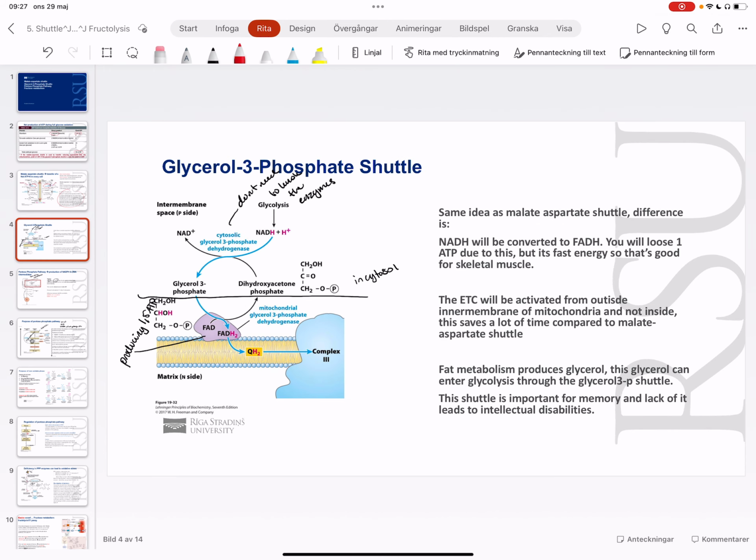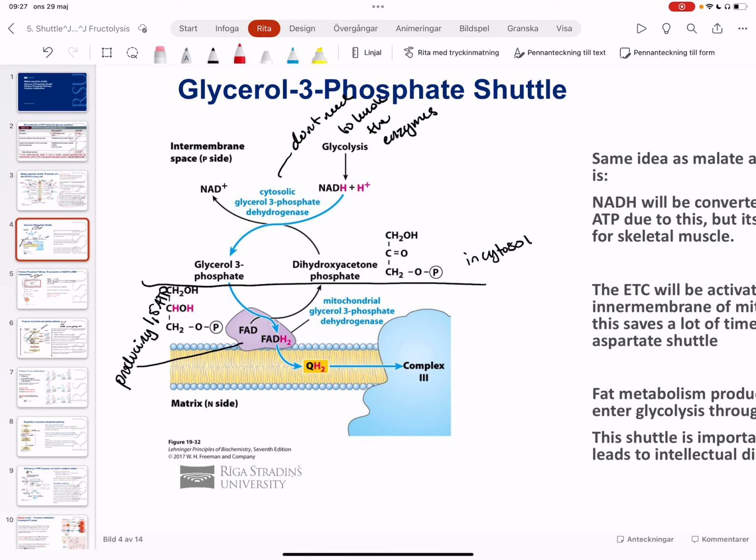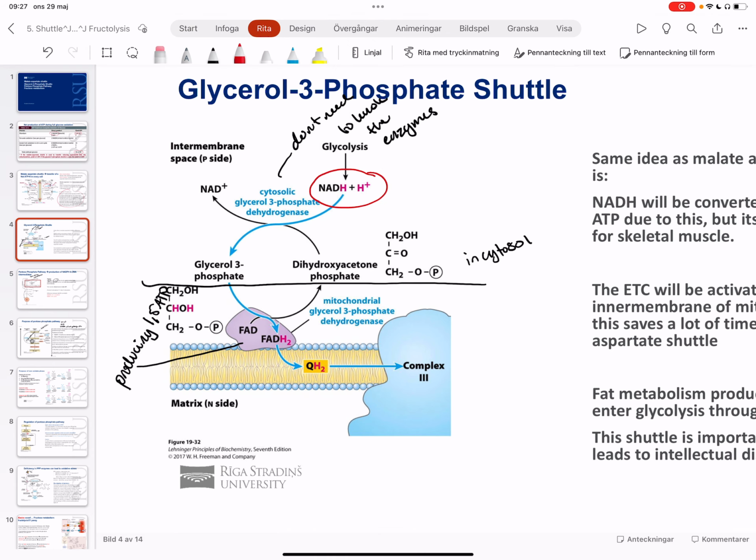So now we have the glycerol 3-phosphate shuttle. It has the same idea as the malate-aspartate shuttle. Only thing is that glycolysis will give us NADH plus H plus.